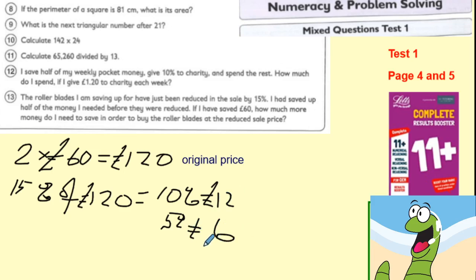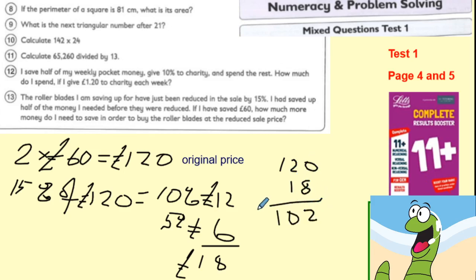So £12 plus £6 gives us £18. So to get how much we need to take off, we need to take 120 and subtract from that 18, which means that's £102. Okay, so this is now our reduced price.